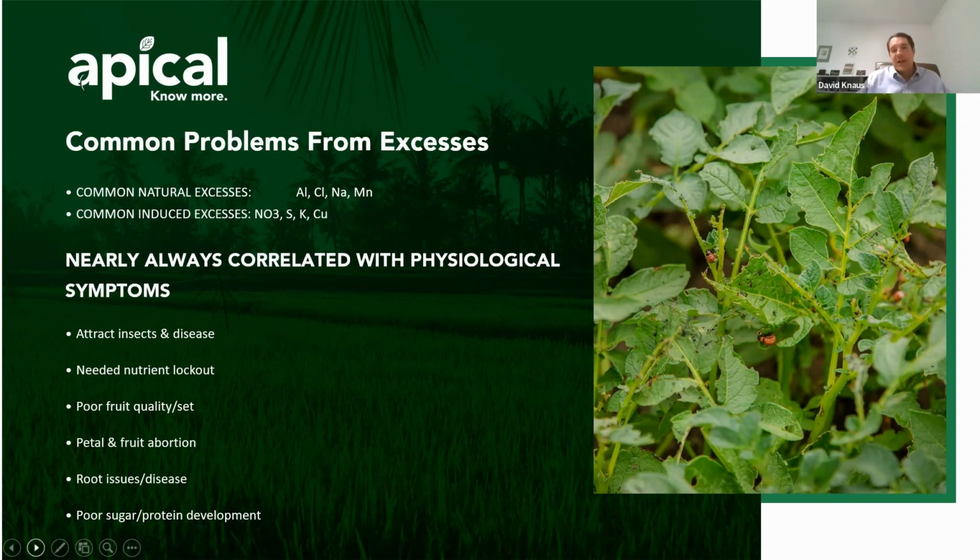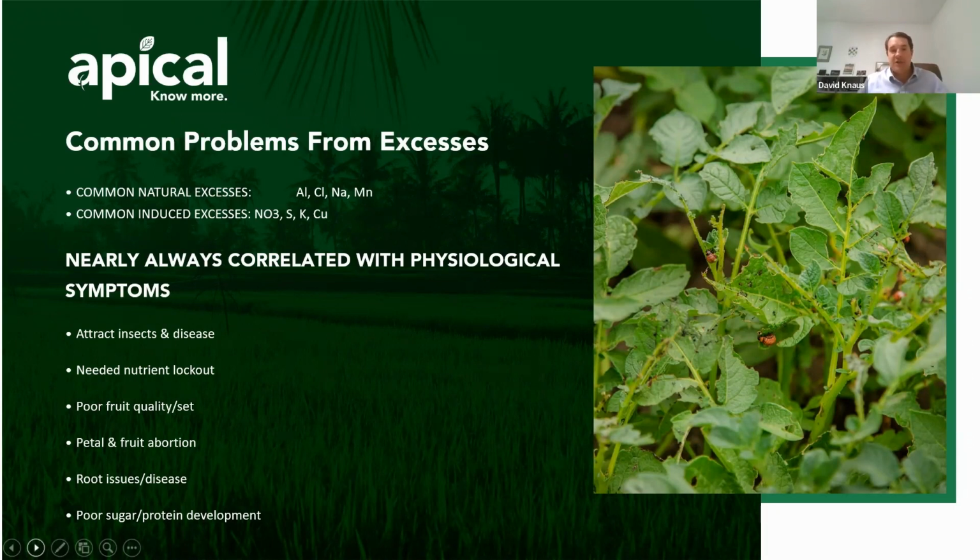We also see induced excesses from fertilization standpoints due to overapplication for young growth plants, so where we try to load up a large amount of fertilizer at an early growth stage where the plants are really young and small to save us on labor or something like that. Oftentimes we see induced excesses causing similar problems.